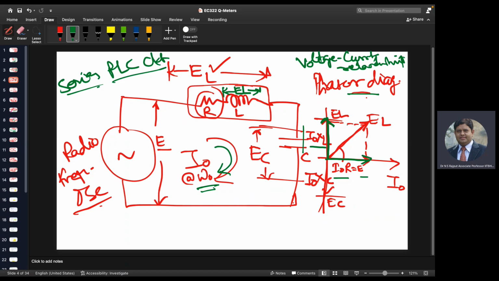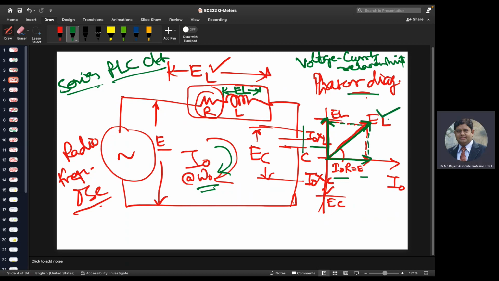And since E subscript L is showing the voltage drop across R and L together, this EL is the vector sum of the voltages across R and L together.